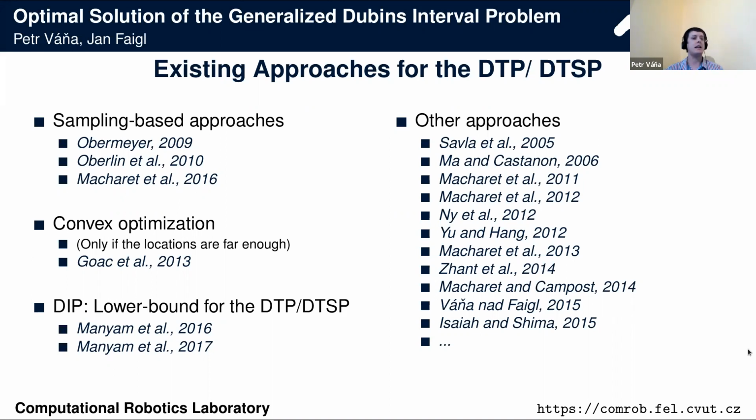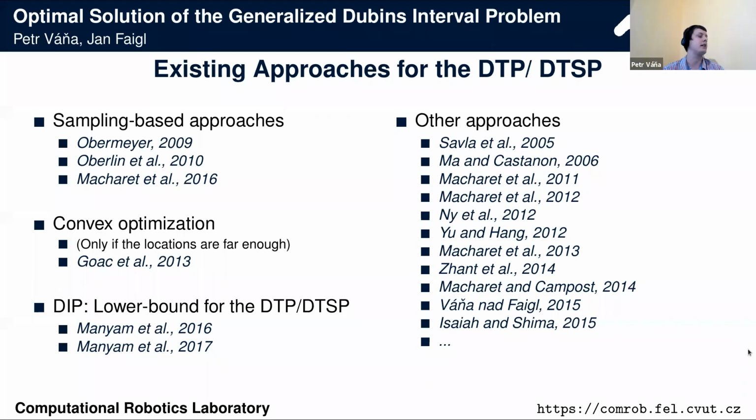One is sampling based. If the points are far enough, we can utilize convex optimization. But in general case, these algorithms don't provide any guarantee on the solution's quality. So this changed about year 2015, where the first paper solving the so-called Dubins interval problem was published on arXiv.